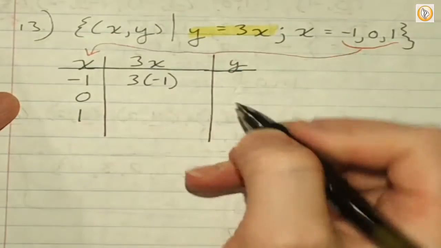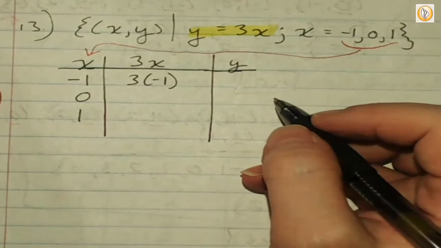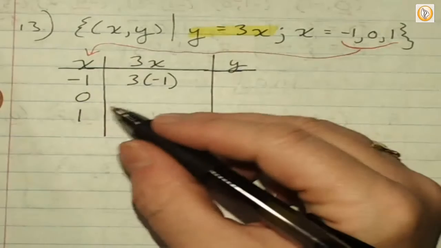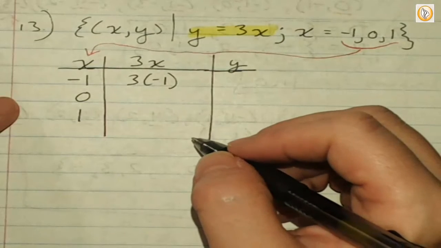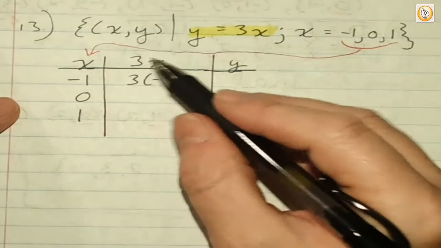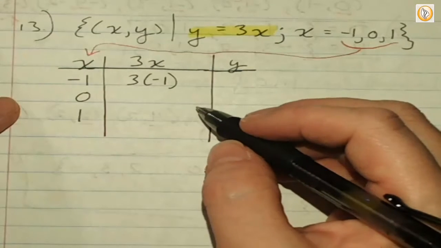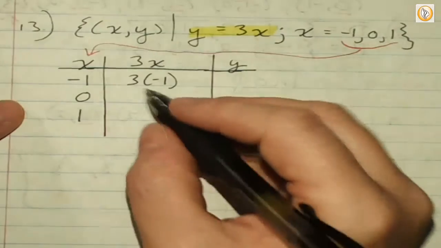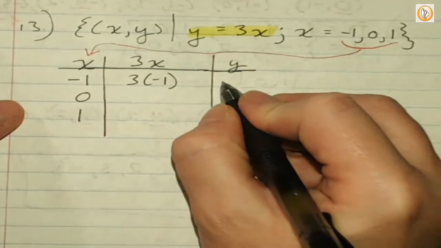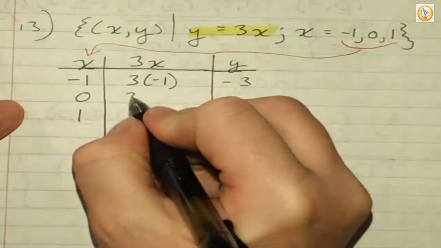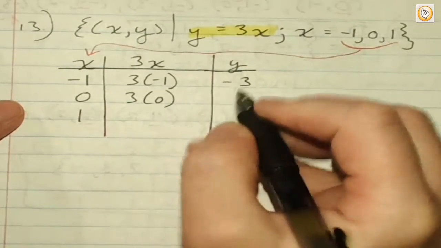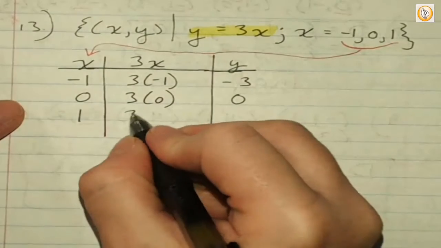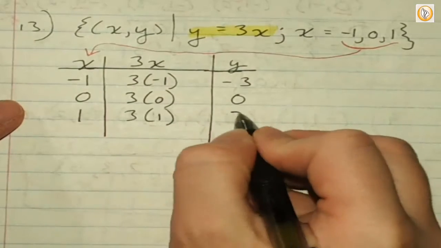Guys, piece of advice, don't try to do this in your head. Write every single thing out, because this is a very easy equation. You're not going to always have easy equations. All right, so 3 times -1 is -3. 3 times 0 is 0. And 3 times 1 is 3.